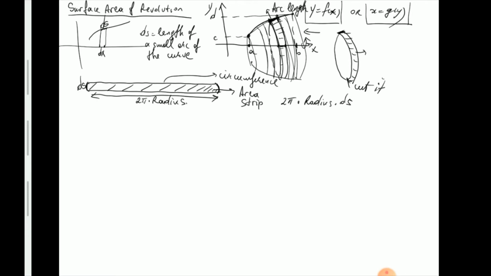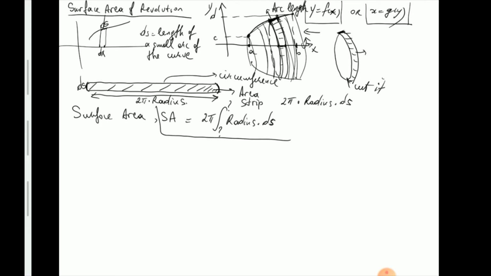And the surface area for the full surface of revolution, let's denote it by SA, is going to be 2 pi, we can pull the 2 pi out of the integral, the integral with the appropriate bounds, we'll get to that in a minute, of the radius times ds. ds is again given by the square root of 1 plus f prime squared, which we remember came from the arc length in the previous lesson. But that is the generic formula for the surface area of revolution.